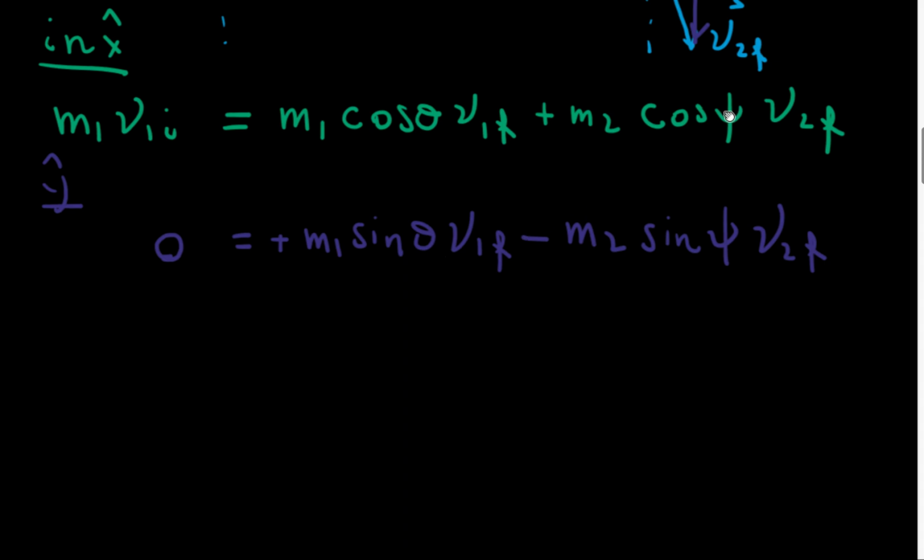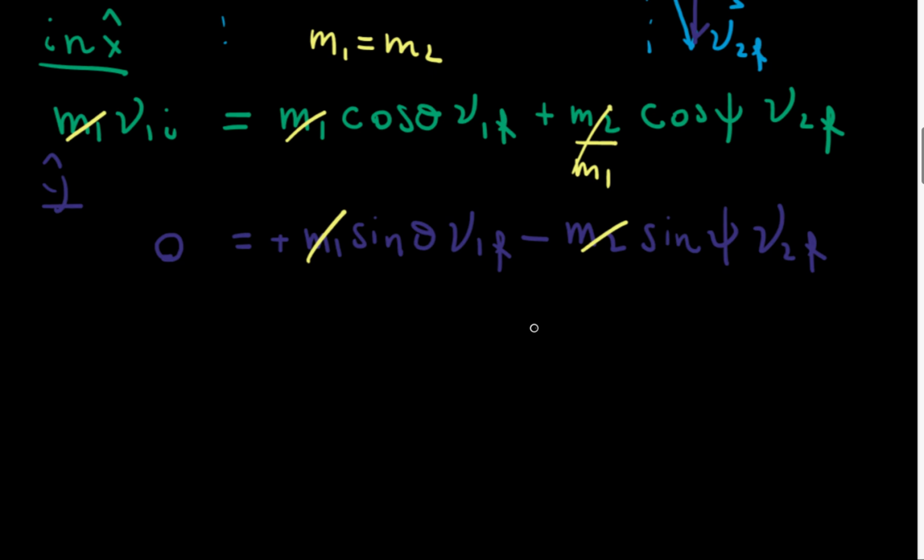So mass 1 equals mass 2, which means that if I take this whole equation and divide by mass 1, mass 1 goes away. This will be mass 2 over mass 1, but mass 2 equals mass 1, so this goes away as well. And you can convince yourself that the same thing will happen here. Good.